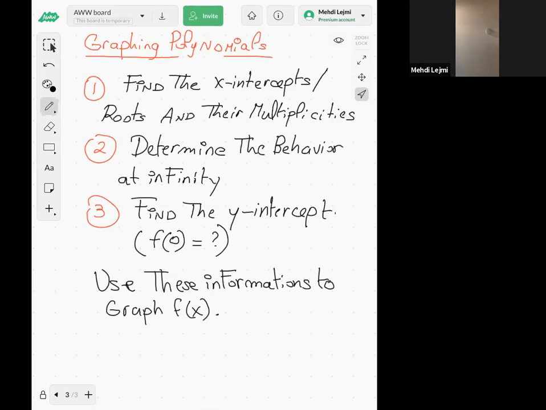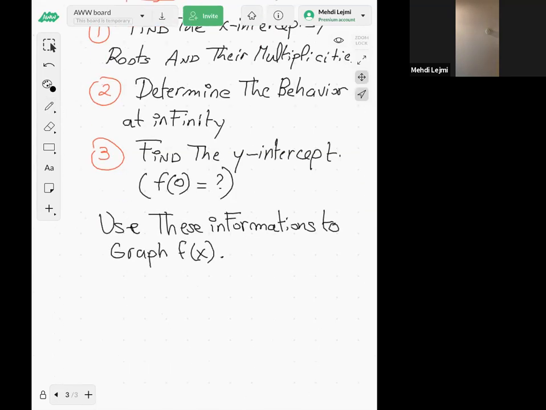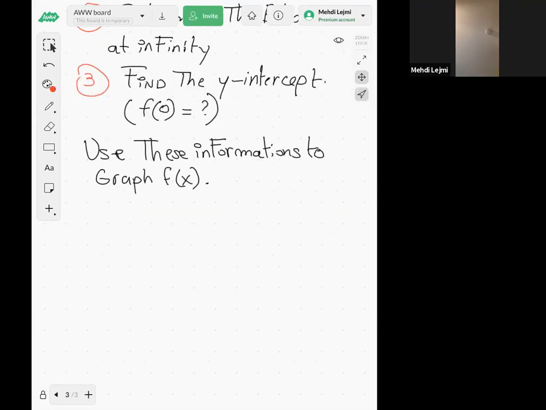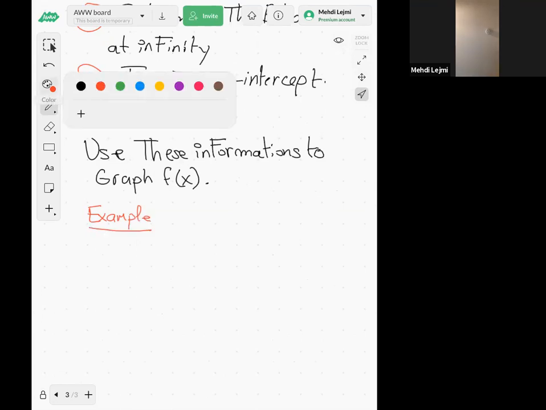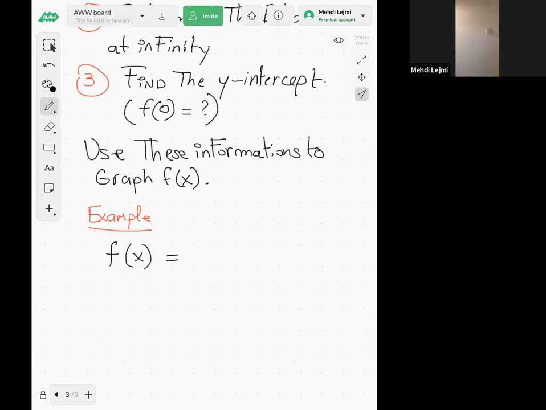So example: let's say f of x is x to the power 4 minus 6x cubed plus 9x squared. Okay, so that's my function f.